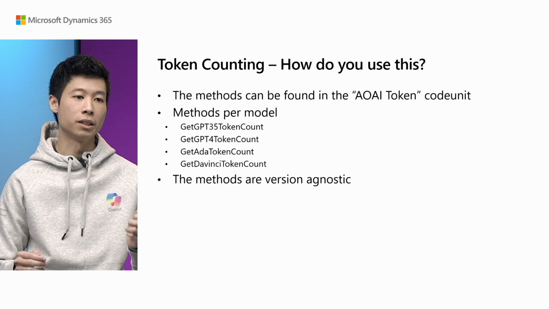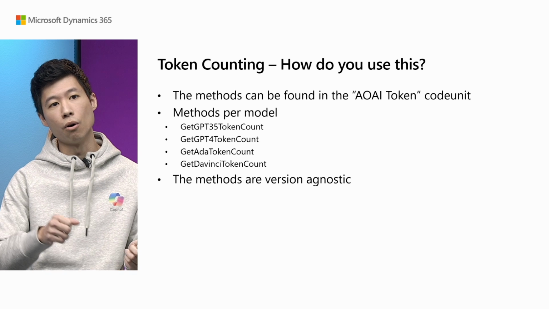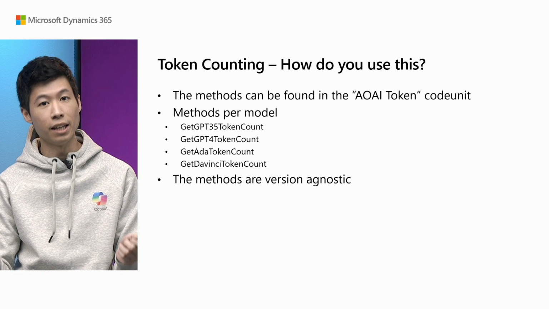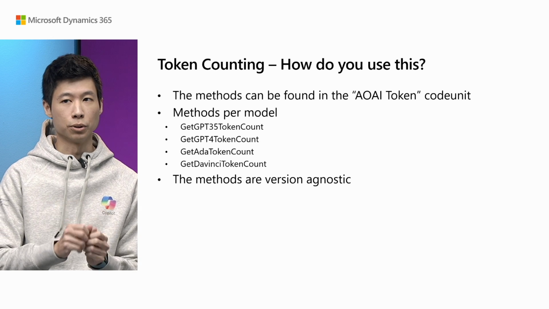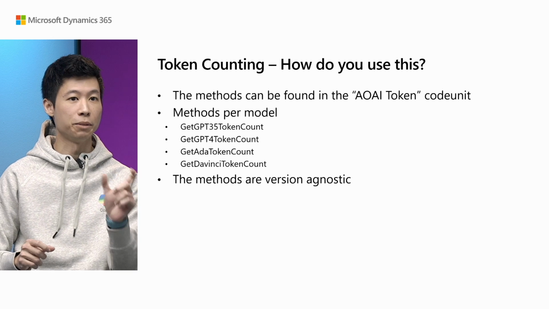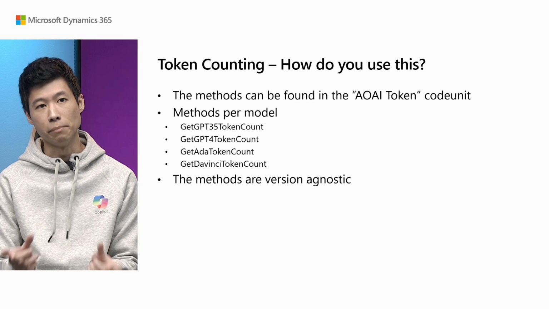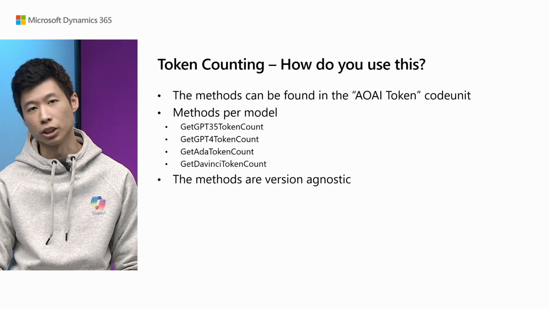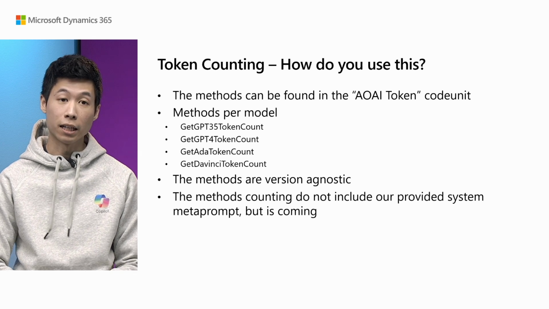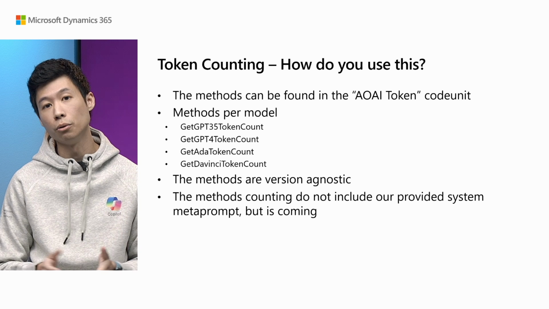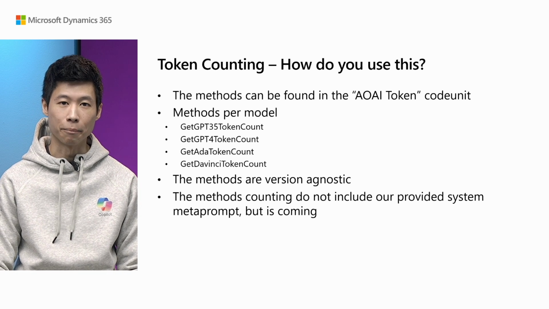So whether you're using the GPT-4 January version or the GPT-4 June version, it does not matter because they're all GPT-4. Also, there's no difference in the tokenizer used between GPT-4 and GPT-4 Turbo. As such, the same function will work across all of them. As of right now, the methods do not include our provided system meta prompt, but that will be coming.